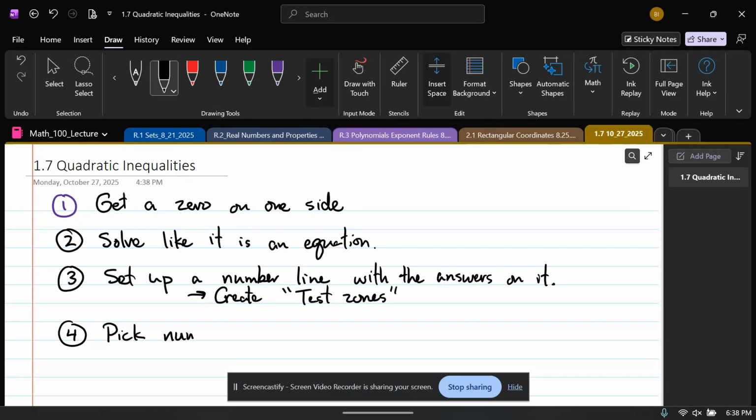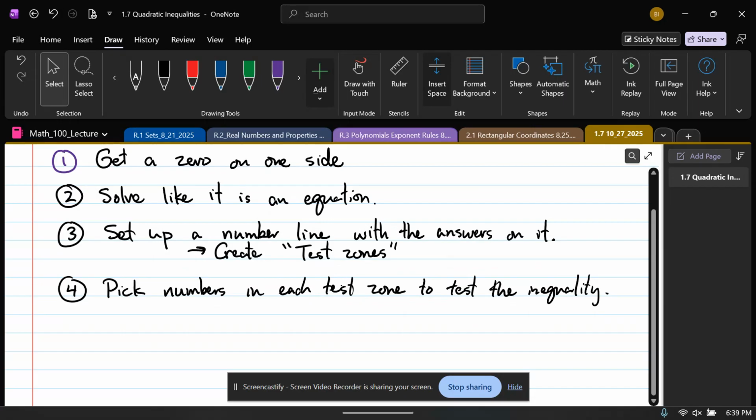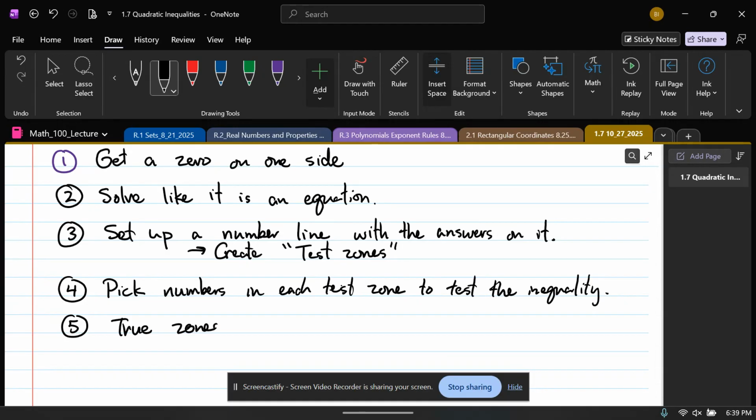Step 4, pick numbers in each test zone to test the inequality. Step 5, true zones are the solutions.